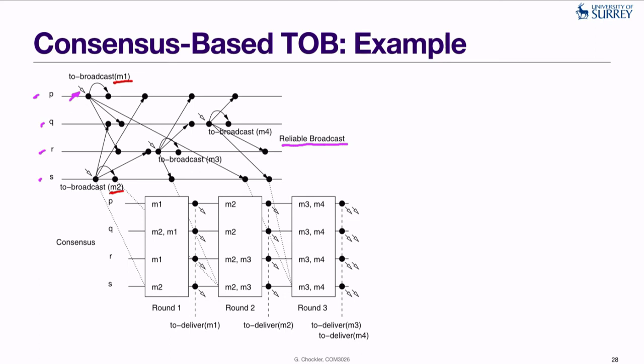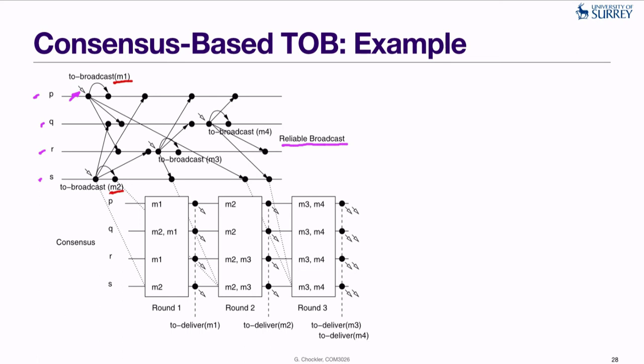Then they proceed and disseminate these messages using reliable broadcast, as we discussed, and these messages arrive at different processes, possibly at different times. When they arrive, the unordered sets at the processes become non-empty, and that enables activation of a new instance of consensus.